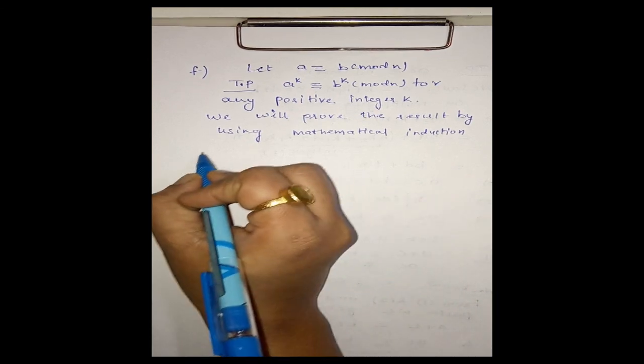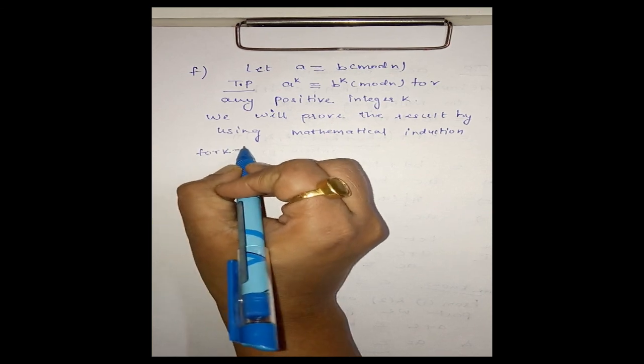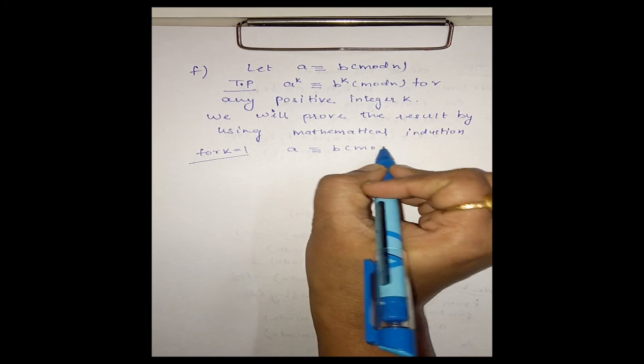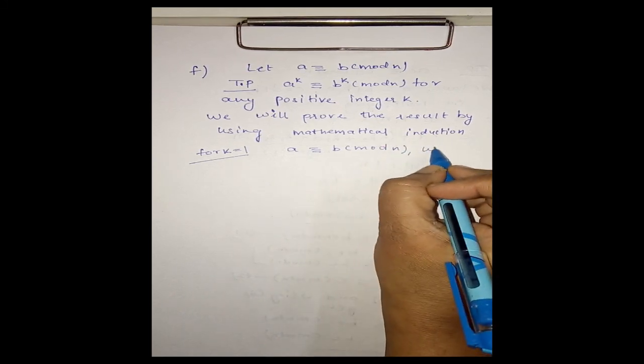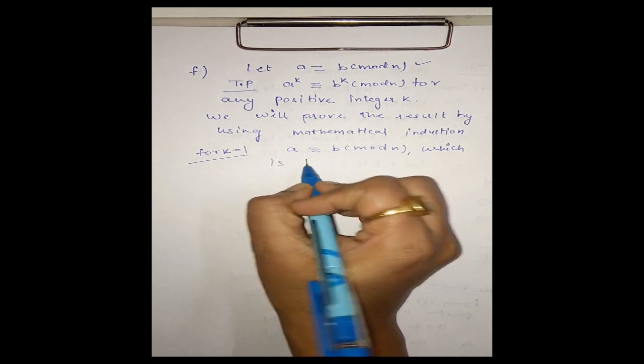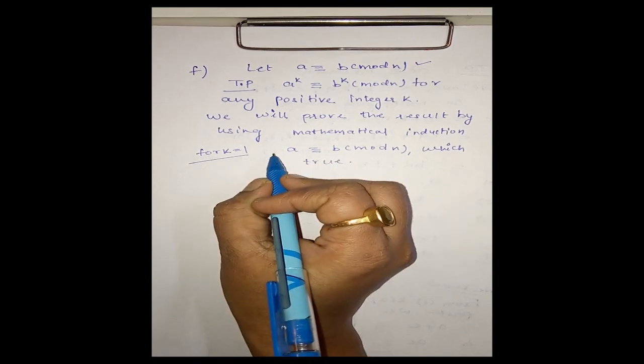Now for K equal to 1, we have A is congruent to B modulo N, which is true. This is given. Therefore, the result holds for K equal to 1.